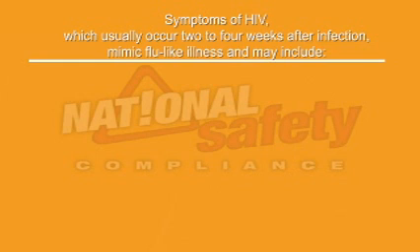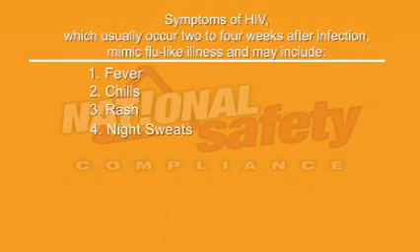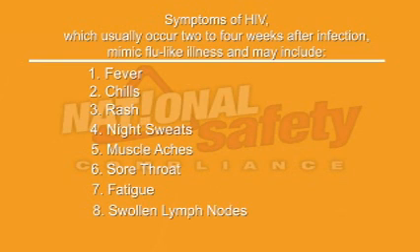Symptoms of HIV, which usually occur 2 to 4 weeks after infection, mimic flu-like illness and may include fever, chills, rash, night sweats, muscle aches, sore throat, fatigue, swollen lymph nodes, and mouth ulcers.